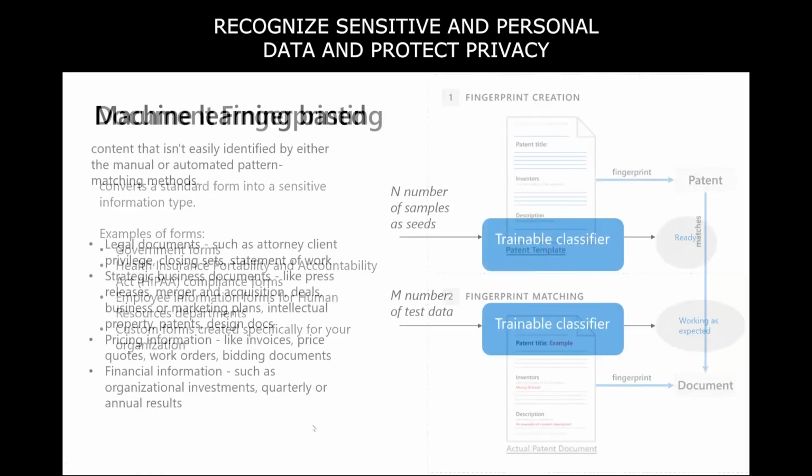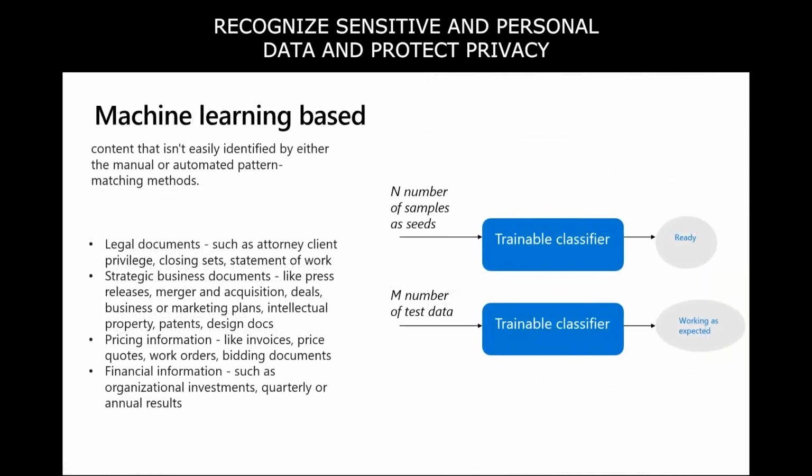The fourth one is basically anything that is not matched by the previous ones. So it's not pattern based, it's not form based, it's not an exact data match. It has no form or shape. It's so random, right? In those cases, some of the tools have machine learning capability.